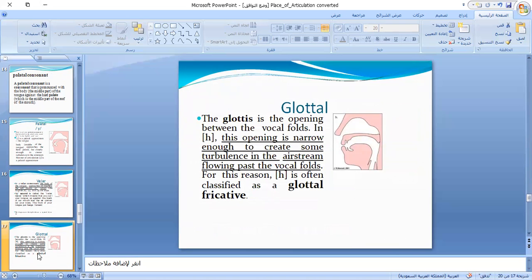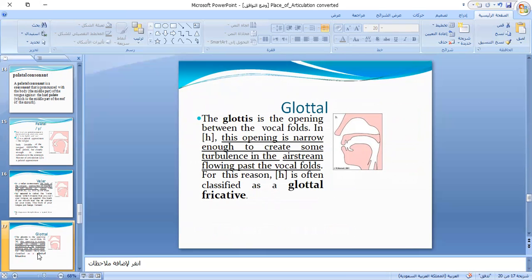Glottal. You know the glottis is the opening between the vocal cords.